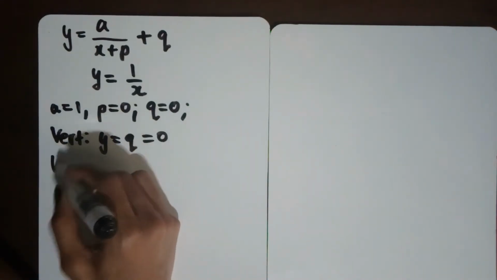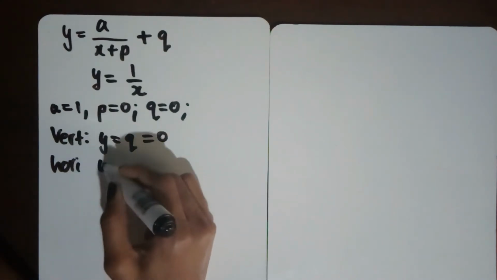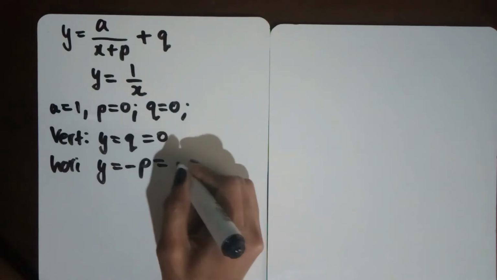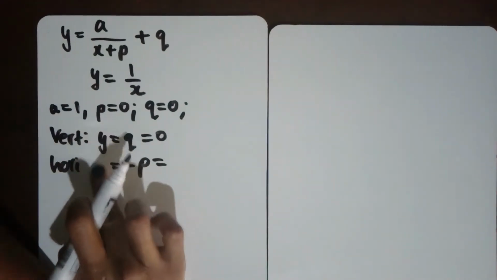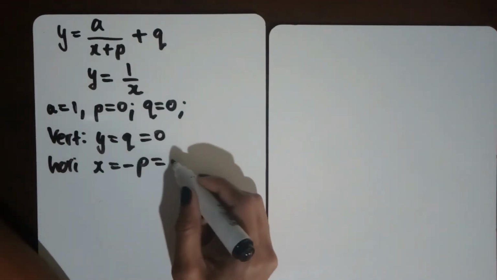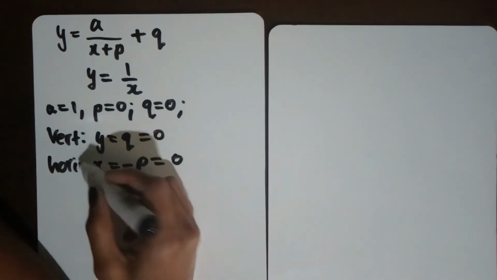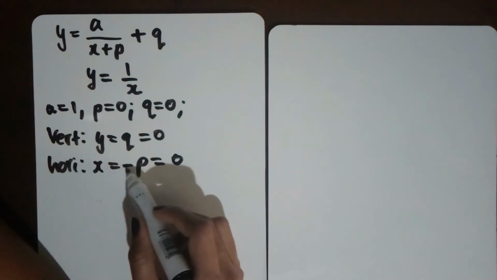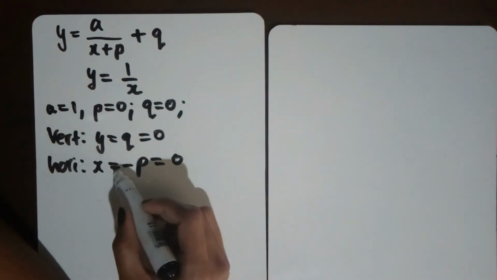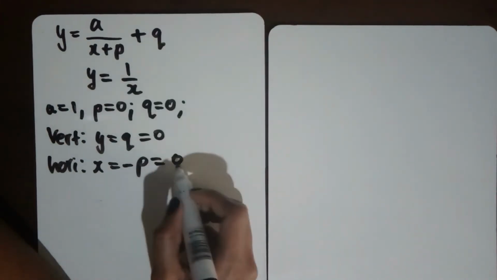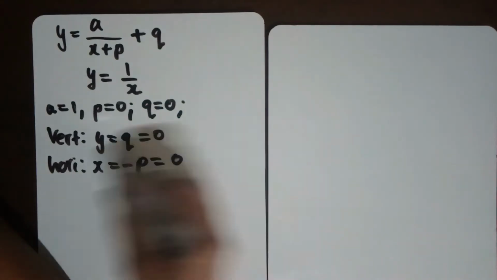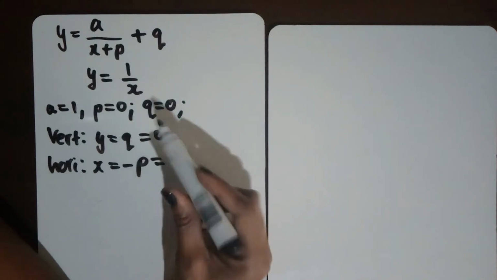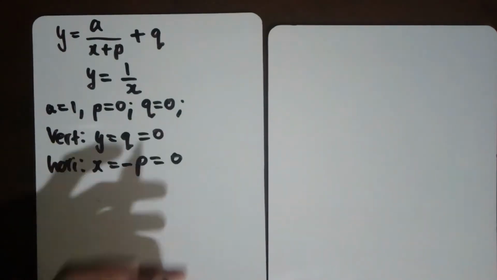And then the horizontal one, we said it's x equals negative p, and p is 0, so x is equal to 0. That line when x is equal to 0 will serve as our horizontal asymptote, and that line when y is equal to 0 will serve as our vertical asymptote, right?